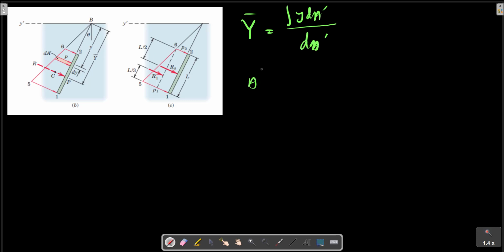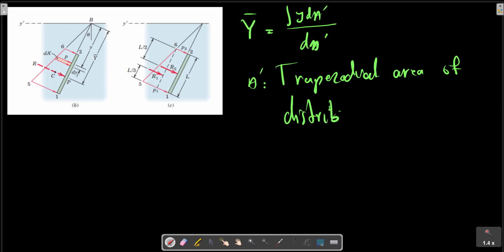A prime is the trapezoidal area of distributed force.